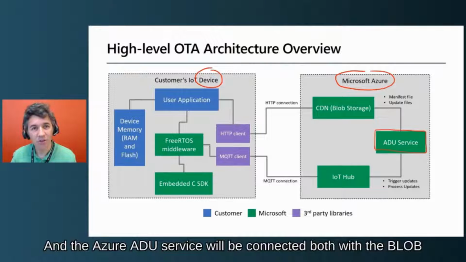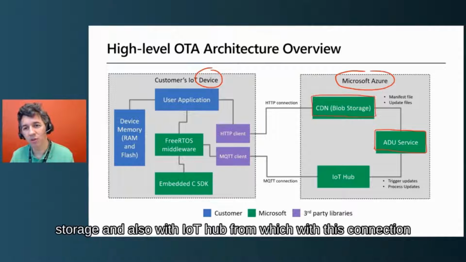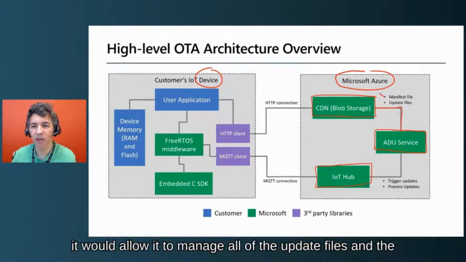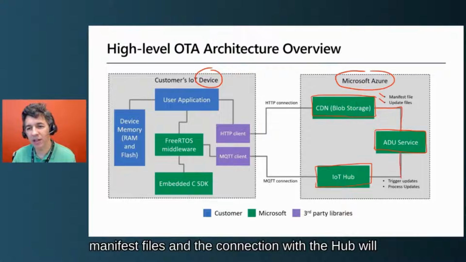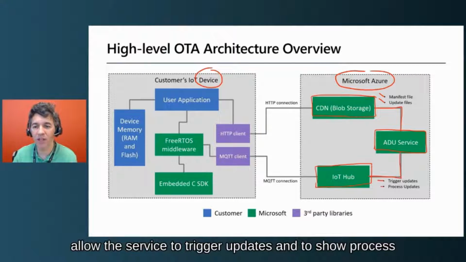The Azure ADU service will be connected both with the blob storage and with IoT Hub. With this connection, it can manage all of the update files and the manifest files, and the connection with the Hub will allow the service to trigger updates and to show update progress.